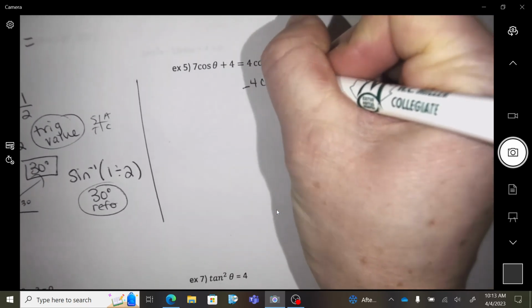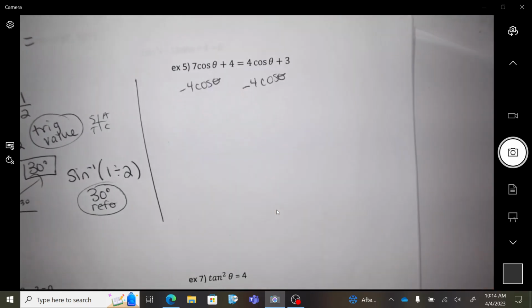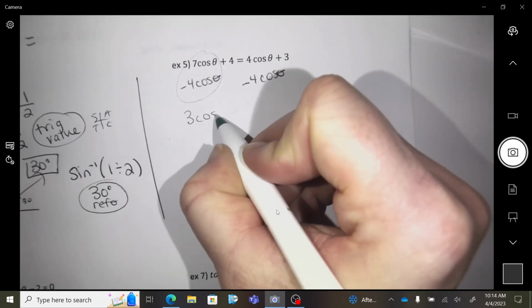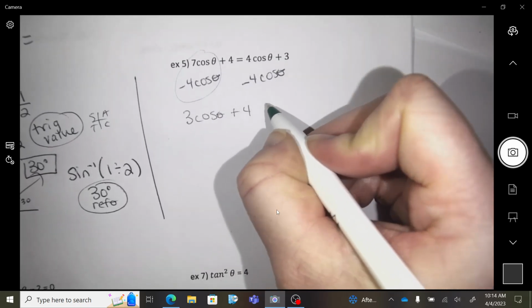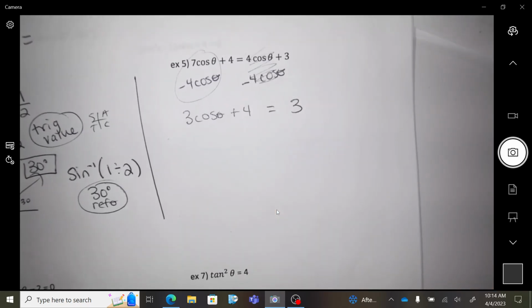I'm going to subtract 4 cos theta. So this would be 3 cos theta, and that would be gone.